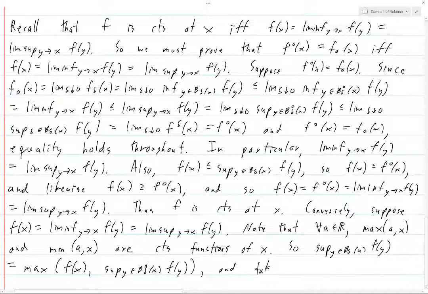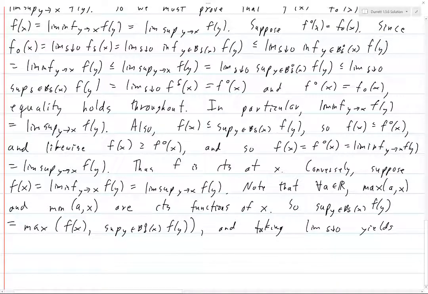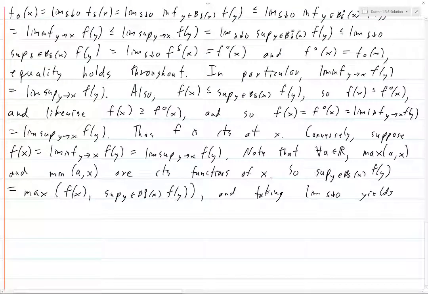And if we take the limit as delta decreases to 0, we're almost done here. So f upper 0 of x is precisely the limit as delta decreases to 0 of the supremum of this thing, so it's precisely the limit as delta goes to 0 of this maximum that I've written here.